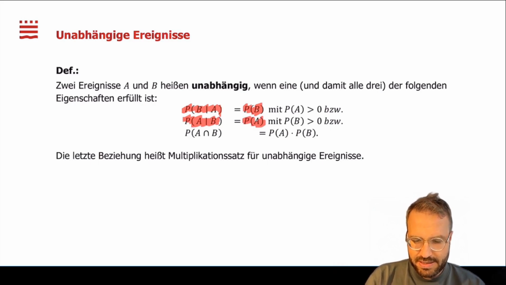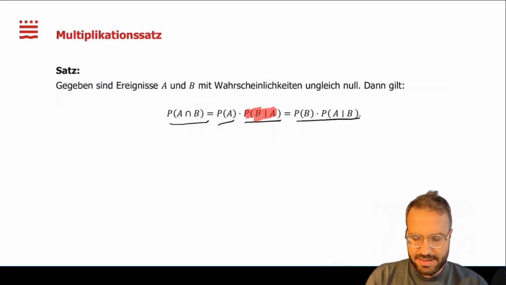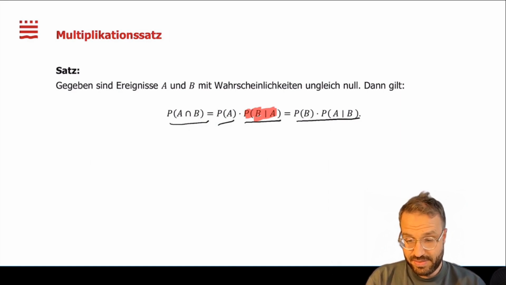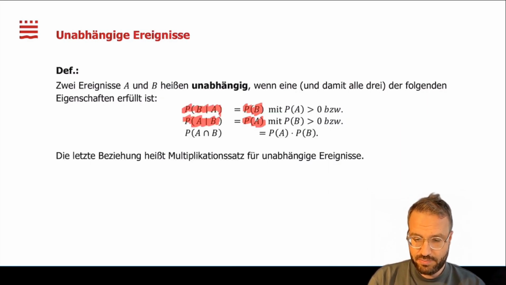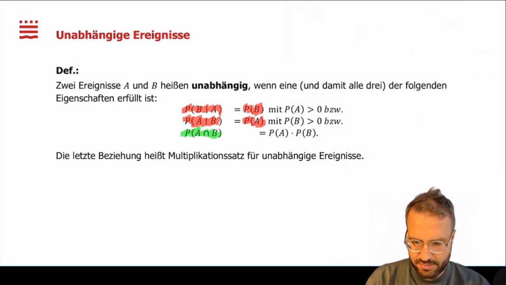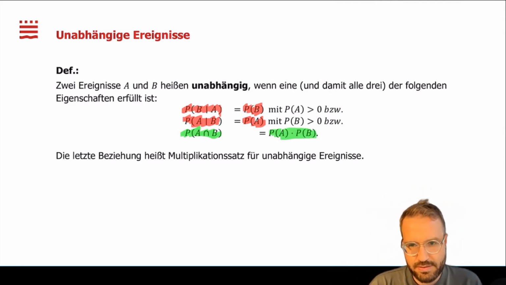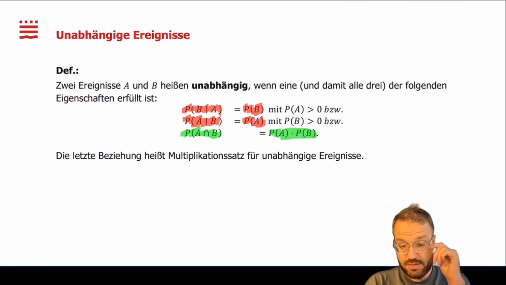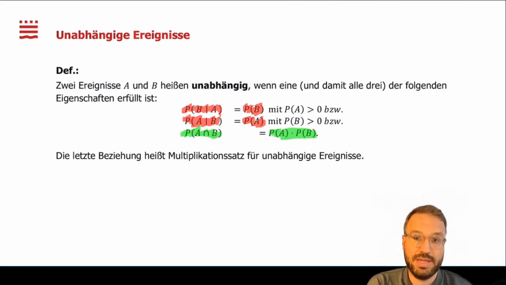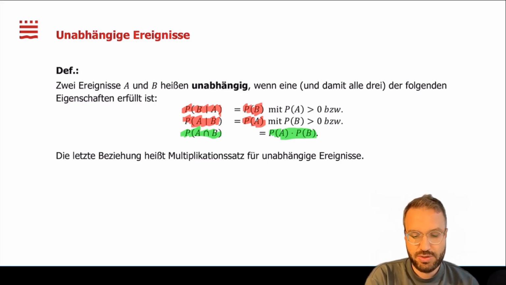If we then assume that this holds for 1 and 2, we can simply apply the multiplication rule, and then the probability of A intersecting B is the probability of A multiplied by the probability of B given A, and this is now the last condition that we can write down here. As I said, all three are equivalent, so if I ask whether two events are independent, you can choose your favorite condition and show whether it holds or does not hold to answer this question.